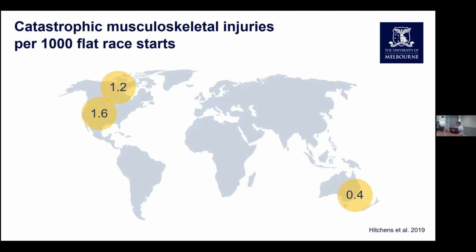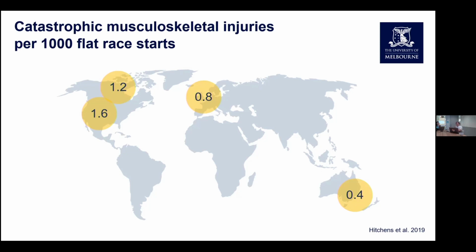And in the UK, 0.8. So there are numerous differences we can see between these jurisdictions that may explain these differences in risk, but we're likely to find it very difficult to compare our Australian tracks, for example, with the US tracks or with the UK tracks, simply because Australia, for example, predominantly races on turf, whereas America predominantly races on turf.